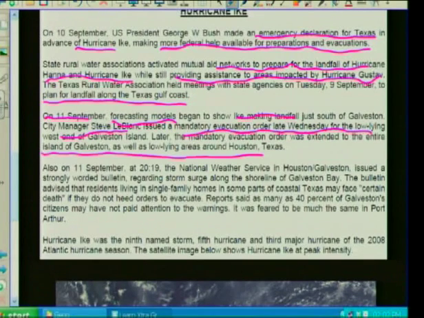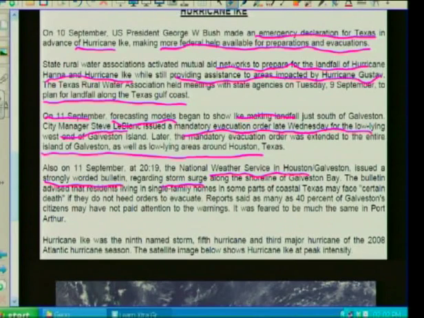Also on September 11, the Weather Service of Houston issued a strongly worded bulletin regarding the storm surge that's happening. Bigger waves and stronger winds started to happen along the shoreline of Galveston. The bulletin advised that residents living in single-family homes in some parts of coastal Texas may face certain death.